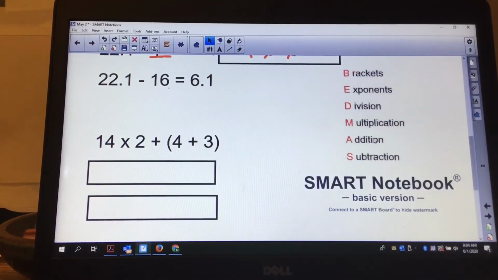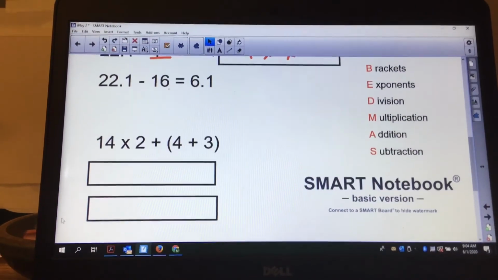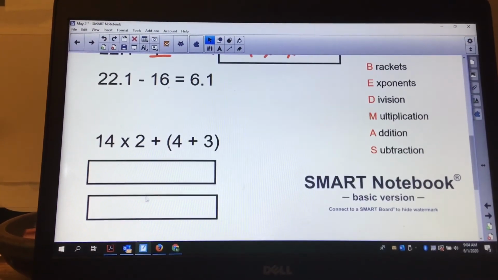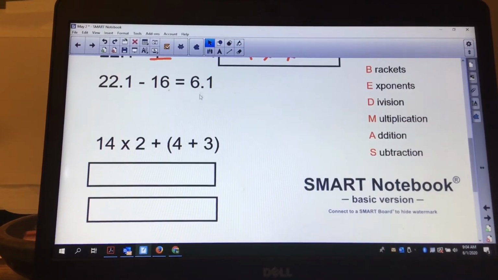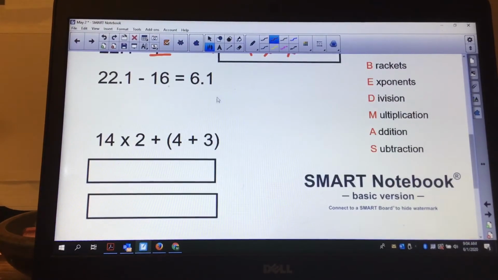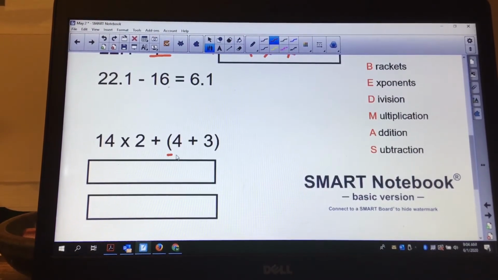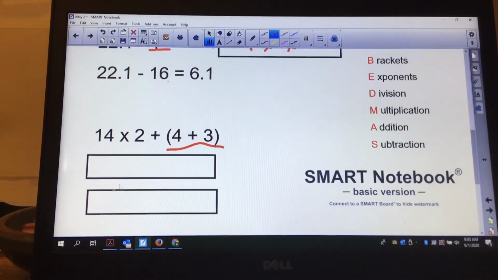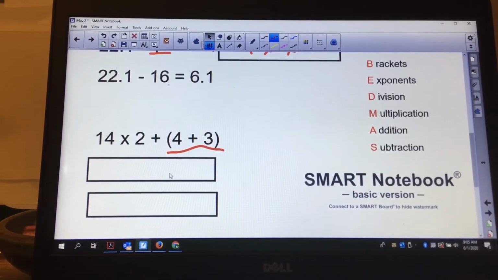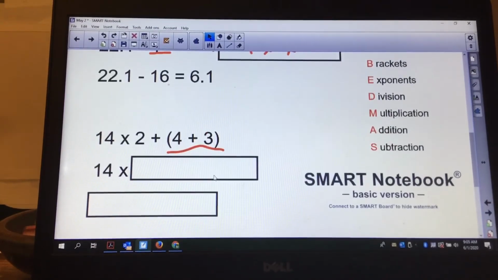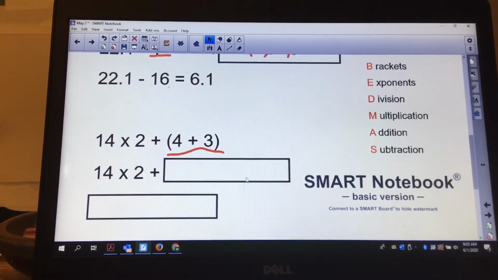Okay, you can see they're getting slightly more difficult. So again, I start at the top. Do I have any brackets? Yes, I do. So that means I'm going to have to do my bracket first. I underline it. I write out the rest of my problem exactly the same. 14, see, nothing's changed. I haven't done any math over here.